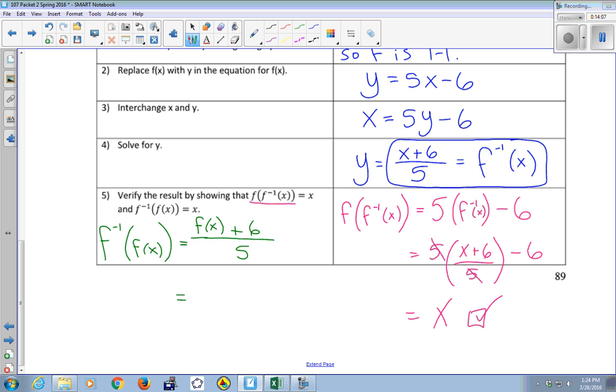Okay, and then the formula for f of x is 5x minus 6. So I have (5x minus 6 plus 6) over 5. Minus 6 plus 6, those cancel. 5x over 5 reduces to x. So we got x going in both directions. That proves that we found the inverse formula correctly.